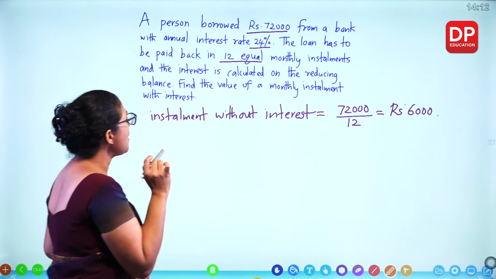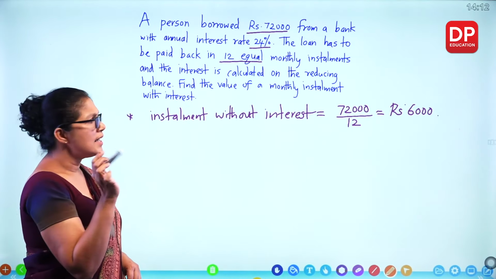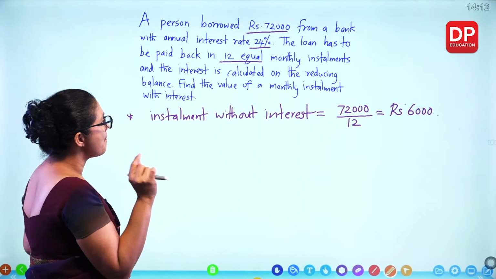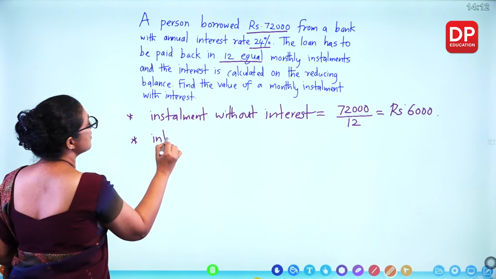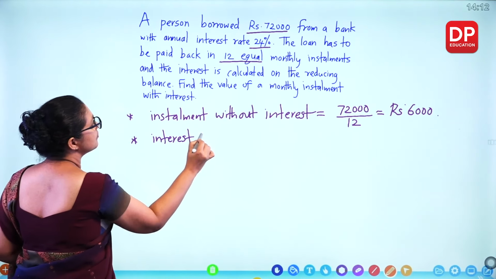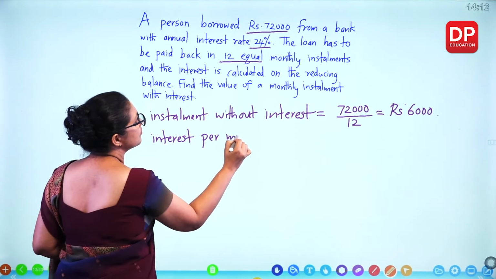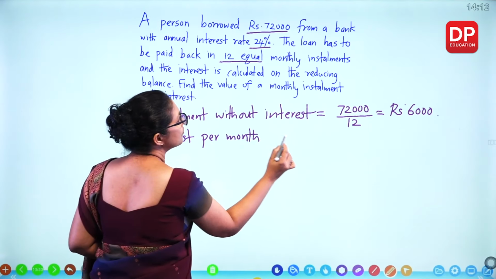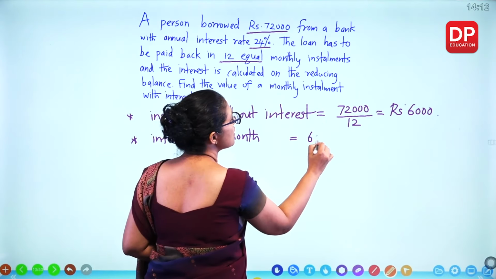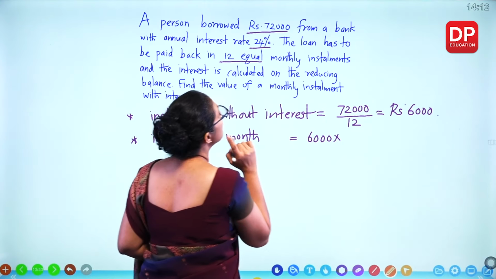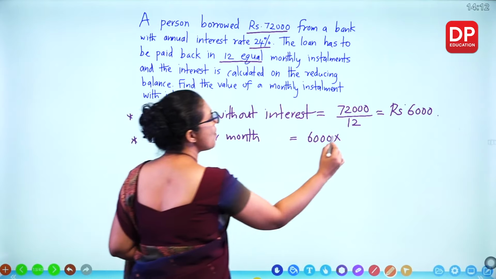Then what's the next step? We have to find out the interest per month. So what's the interest? For 6,000, what's the interest rate? 24%.